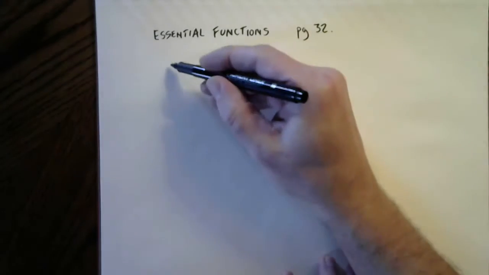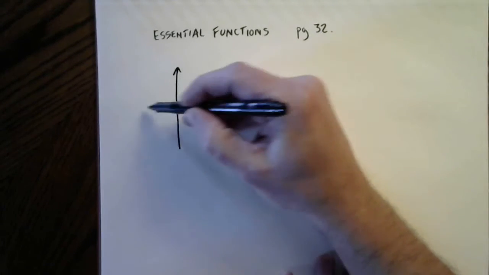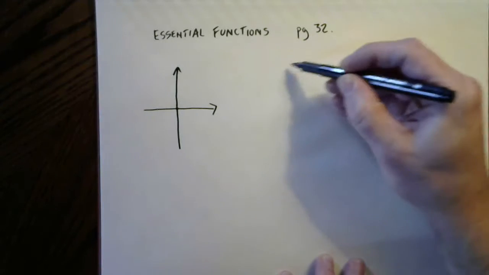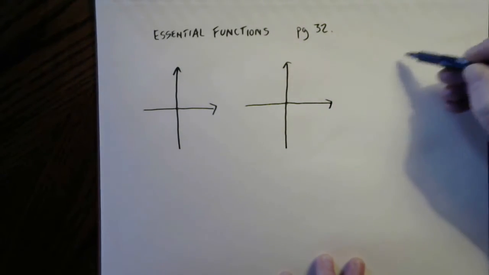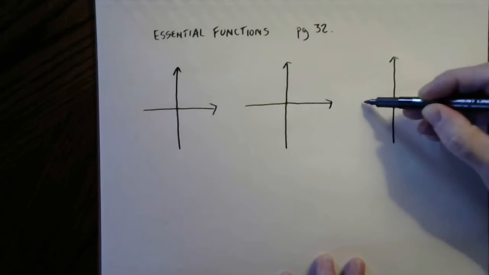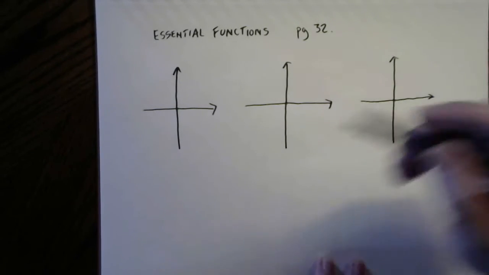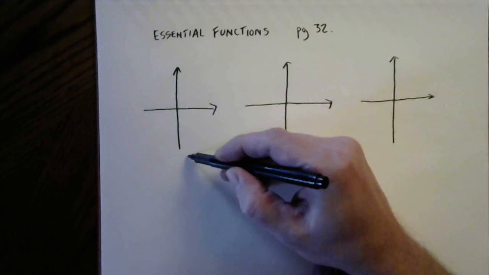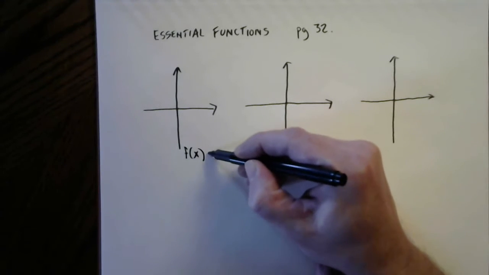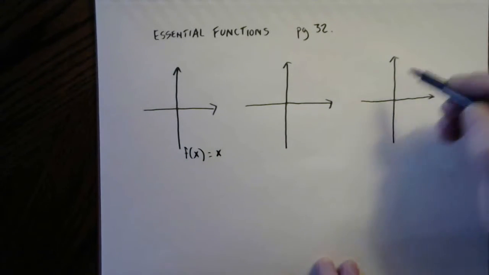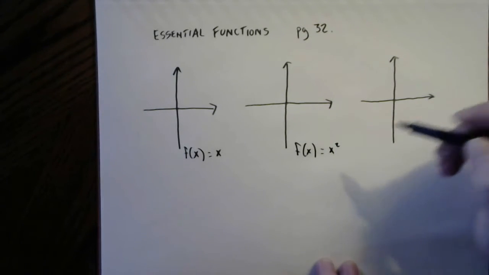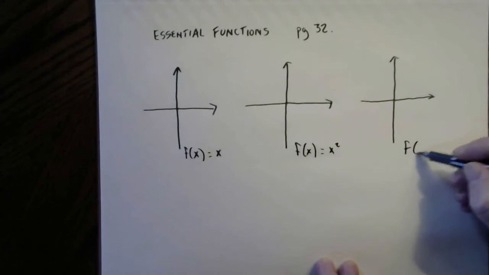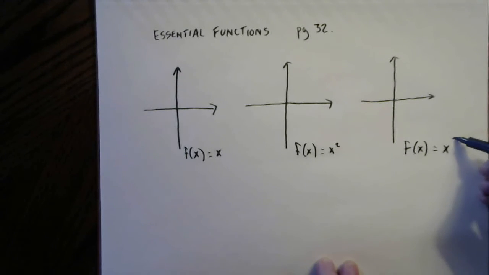The first 3 are going to be f of x equals x, f of x equals x squared, f of x equals x cubed.